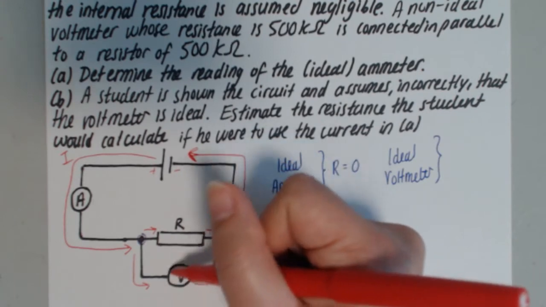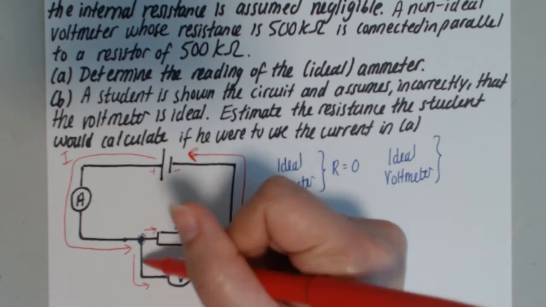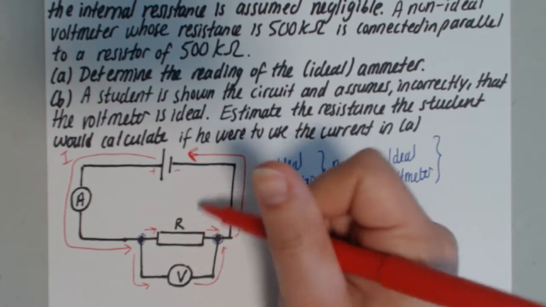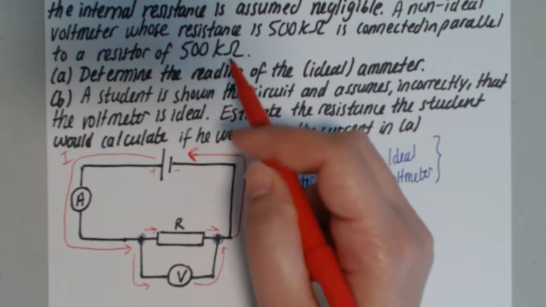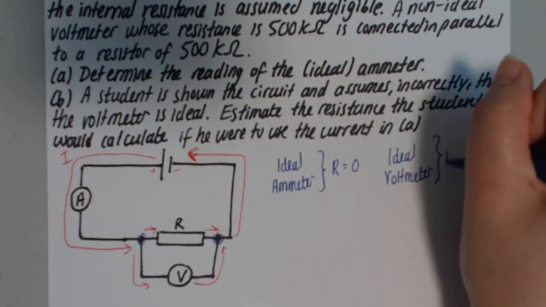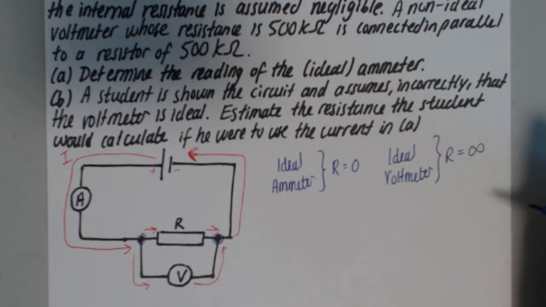Well, if this was a very high resistance, as we would expect it to be and assume it to be, very little would go through this, and most of it would go through R, as we would want. However, since they are the same resistance, the current is going to split 50-50. All right, so ideally, a voltmeter has a resistance that is extremely high, and theoretically, ideally, infinite.